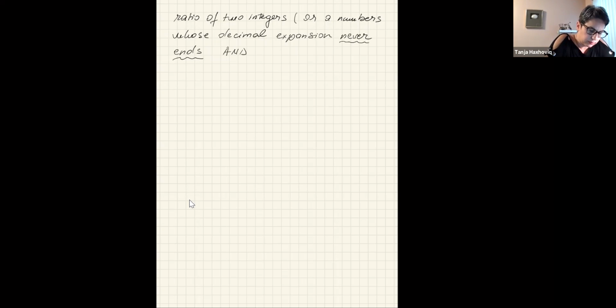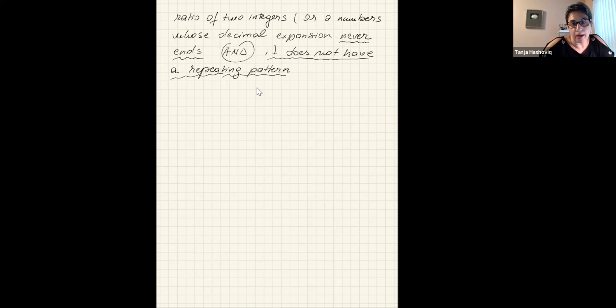Okay. So for a decimal number to represent an irrational number, both of these conditions must be fulfilled. That's why I'm indicating this and here, because this should be true and this should be true for a decimal number to be called an irrational number.